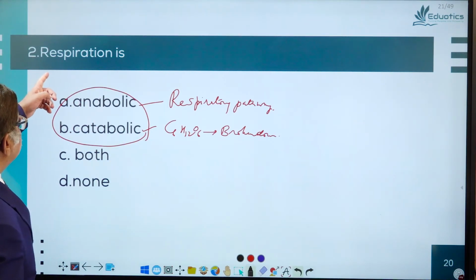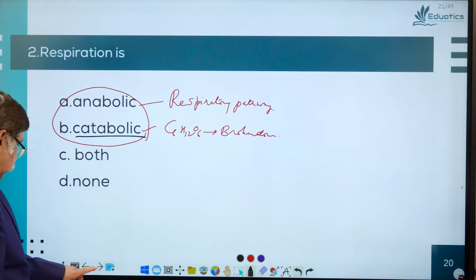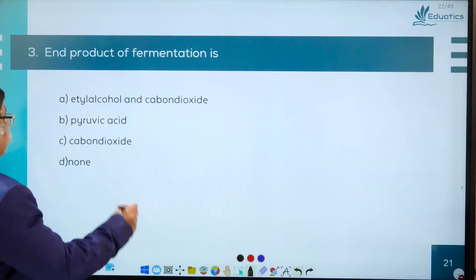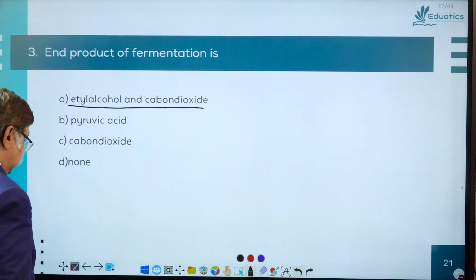But here they are asking what is respiration. So respiration is catabolic. End product of fermentation, we have already said, is ethyl alcohol plus carbon dioxide.